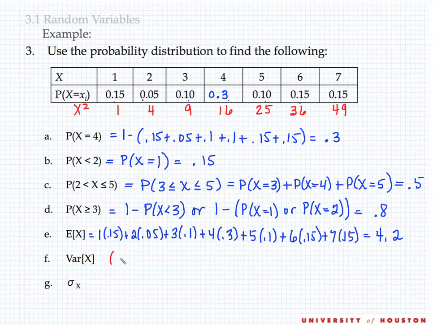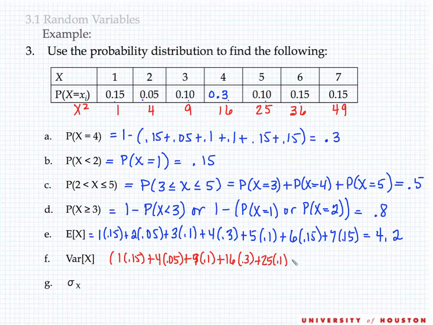So we're going to have 1 times 0.15 plus 4 times 0.05 plus 9 times 0.1, 16 times 0.3, 25 times 0.1, 36 times 0.15, and 49 times 0.15.